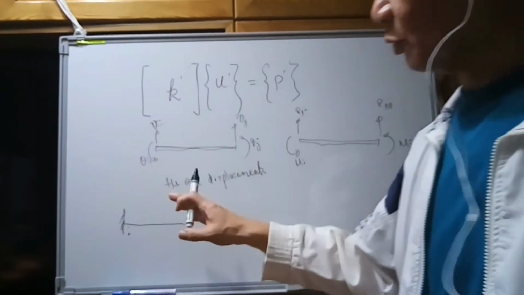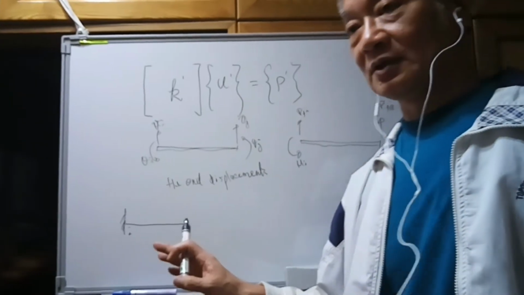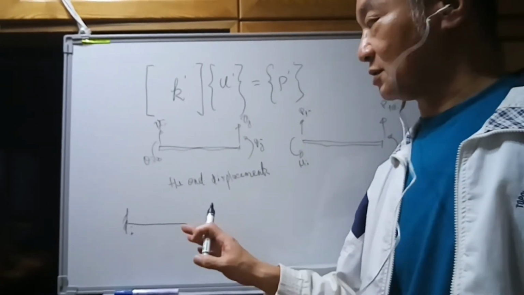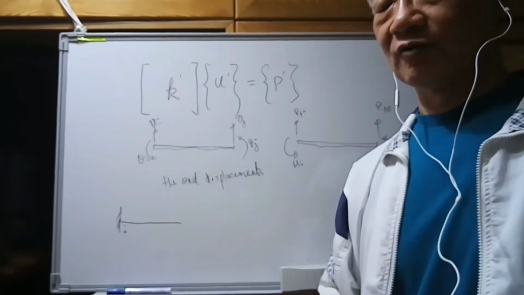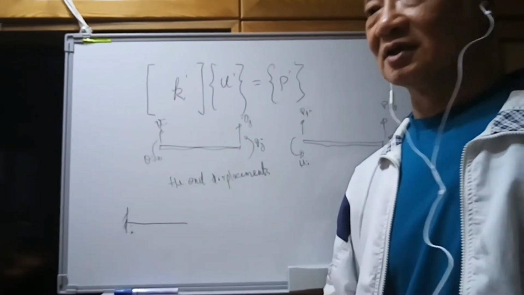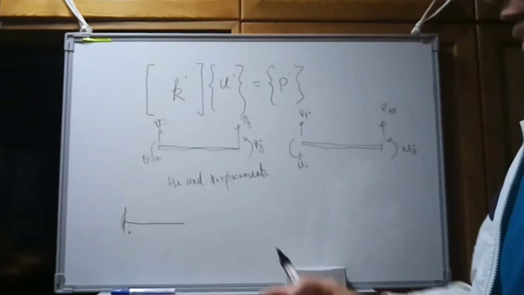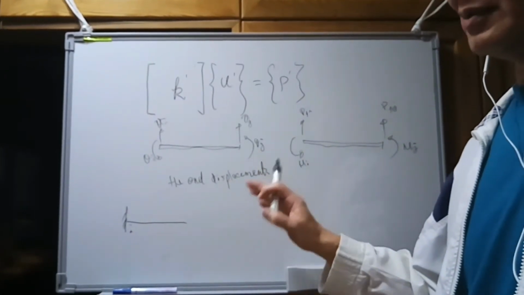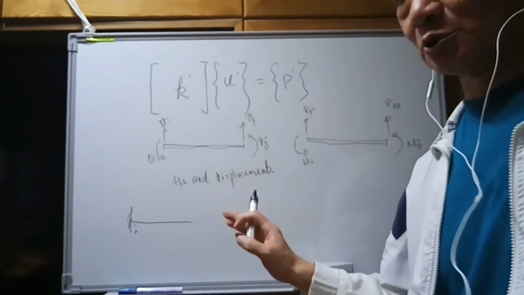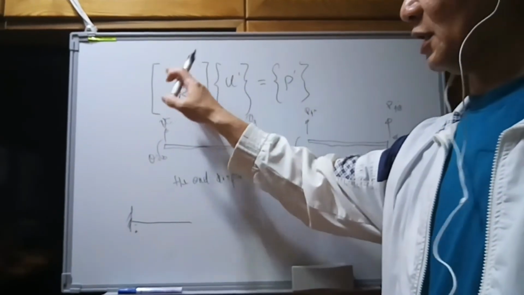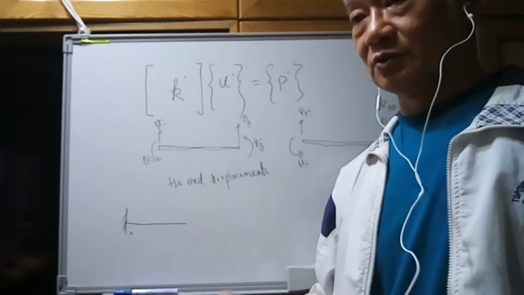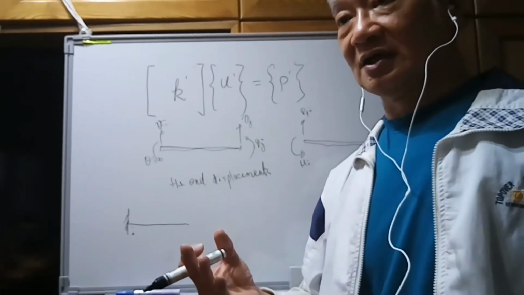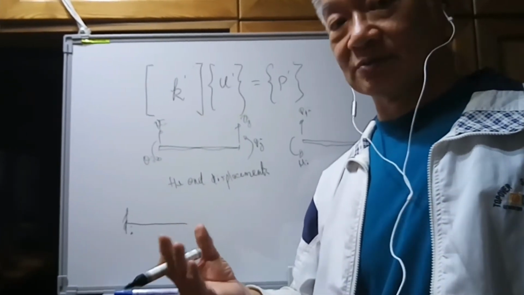It is only one case of the special structures, but we can still use the original 4 by 4 matrix to get this. There are many other special cases where we can use the general element stiffness matrix to get the solutions.